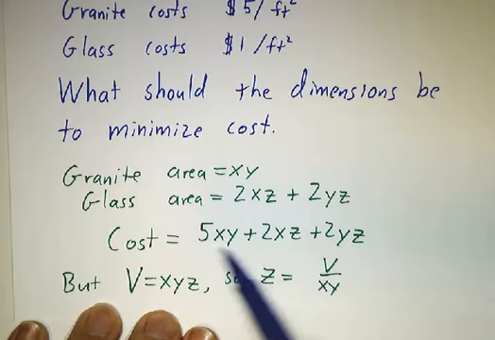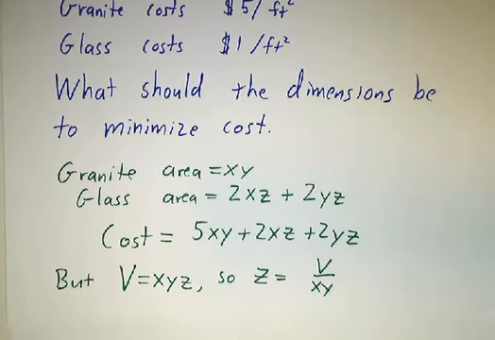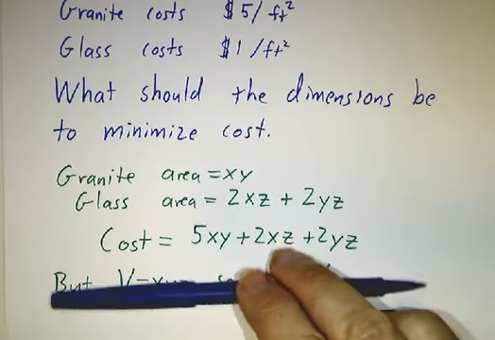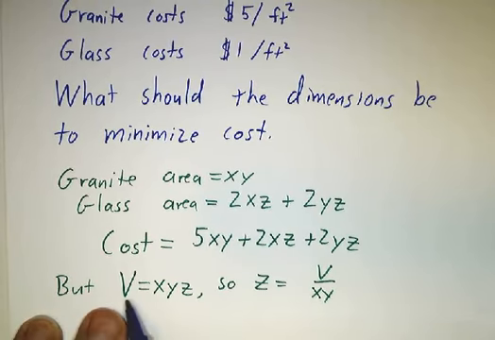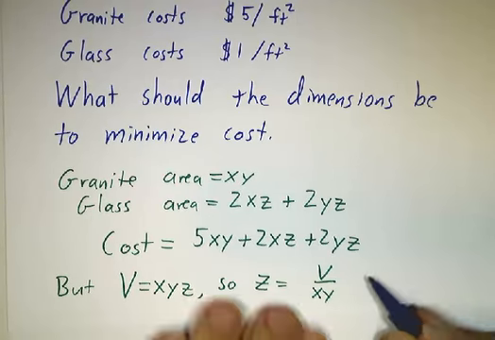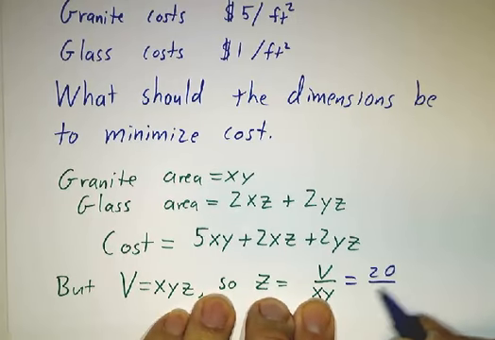So this is our expression for the total cost. Now the trouble is, that's a function of x, y, and z. But we have an equation relating x, y, and z. The total volume has to be 20. The volume is xyz, so z must be the volume divided by xy, and in this case, that's 20 divided by xy.